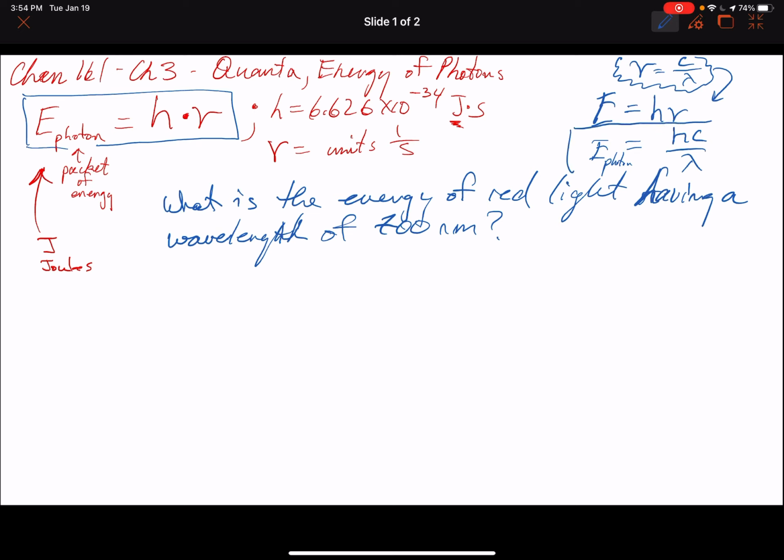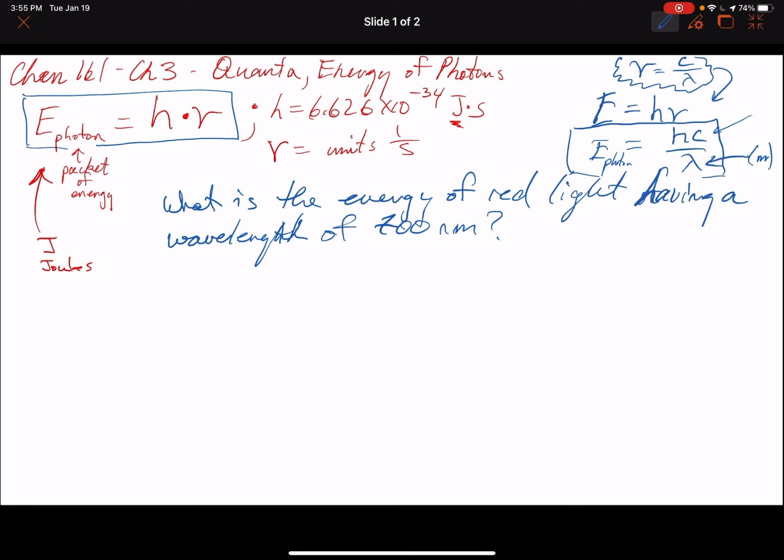Another popular form of this idea for the energy of a photon, but now combining information for the constant from the speed of light. Okay, so that'll be our new equation to apply. We have a couple things to do. Since this equation, again, we need to use lambda in meters. So we must use lambda in meters.